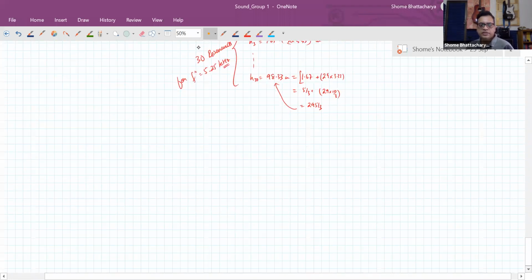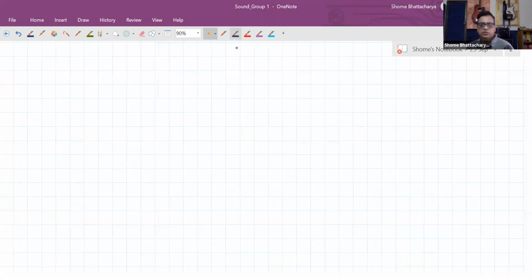Now moving on to the next phenomena related to sound, because it's a completely different phenomena or different effect, and that is beats. So let's start by understanding by definition what is beats.